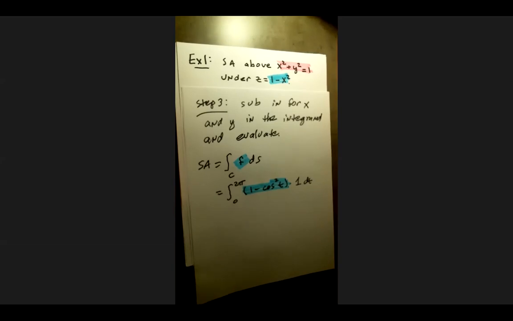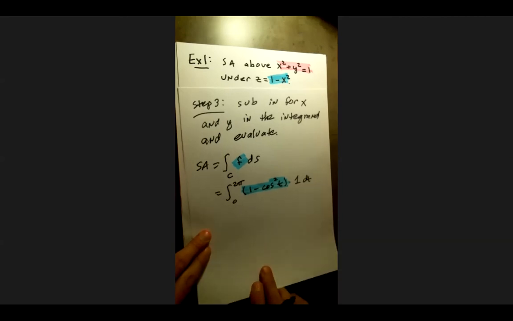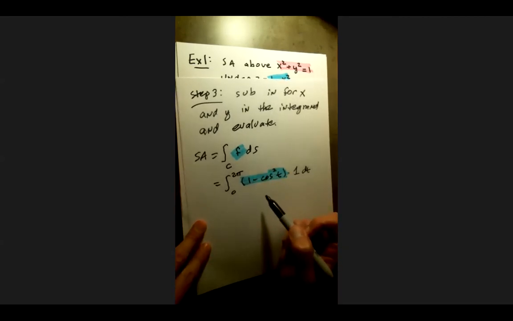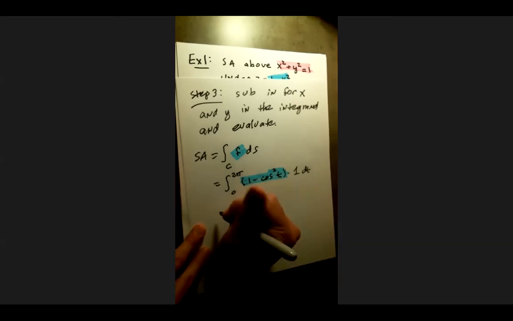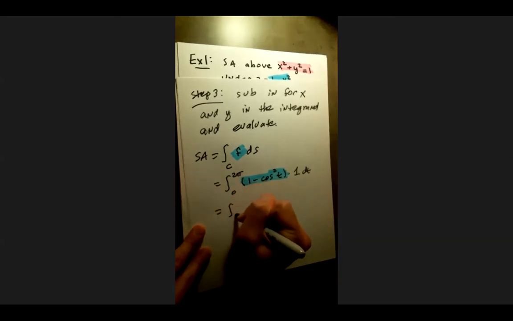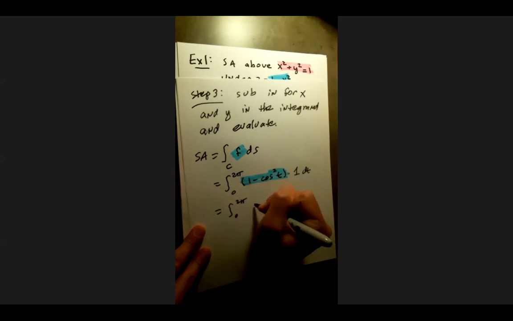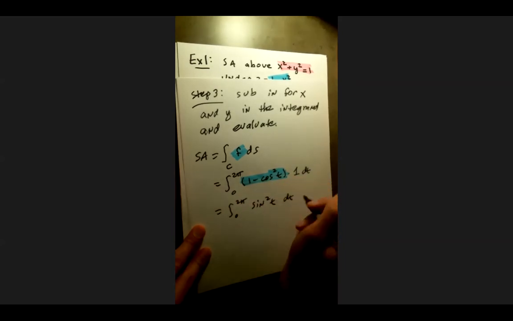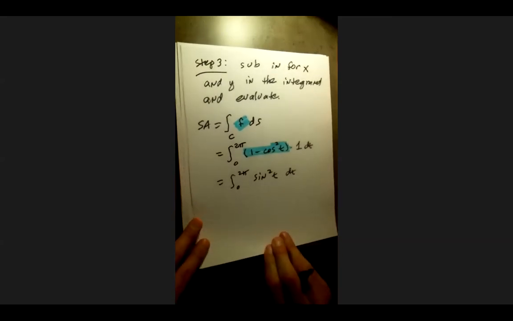And at this stage, it's just an integration. So we need to find an antiderivative of all of this stuff. So this would be the integral from 0 to 2 pi of sine squared t dt. And we have to use our half angle identity.